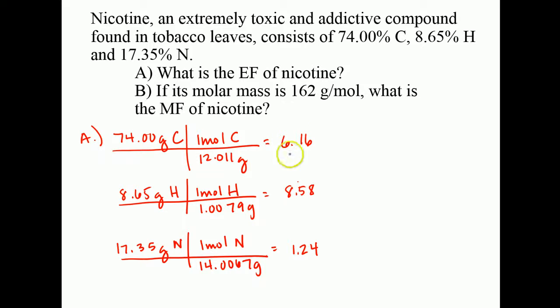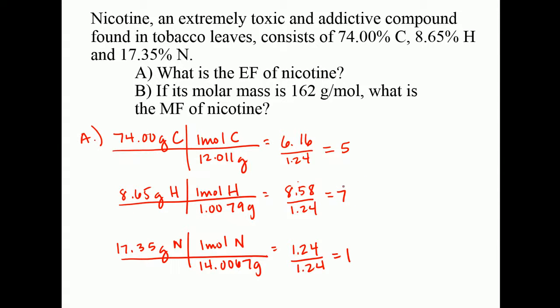So when we get to divide by small, we'll be dividing each of those by 1.24. And clearly the nitrogen will be 1. The carbon, you get 4.967. That is pretty darn close to 5. For hydrogen, you get 6.9 something, which will be close enough to 7.